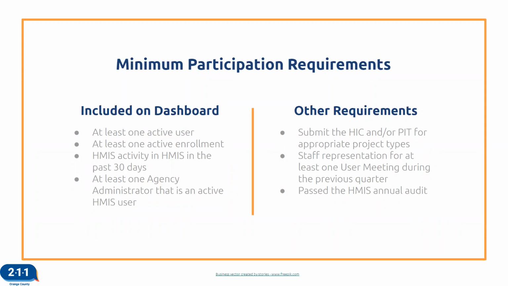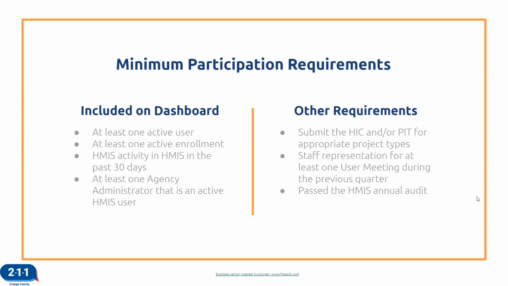Agencies are required to have staff representation at least one user meeting a quarter. Congratulations for those of you that are on, you're already succeeding there. And the agency has to pass the HMIS audit every year when that occurs.